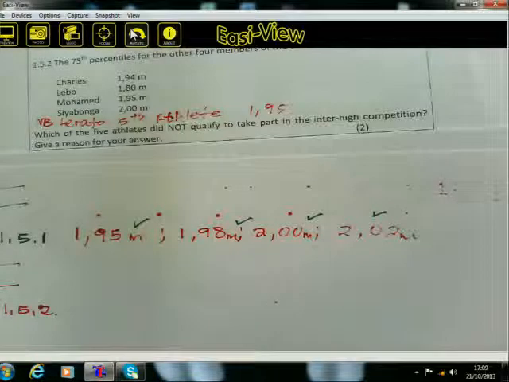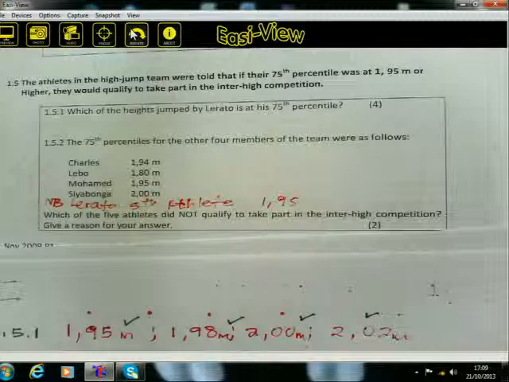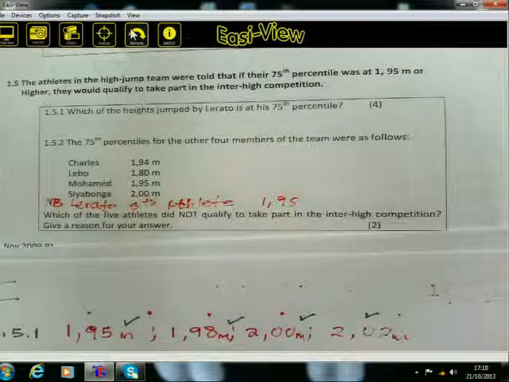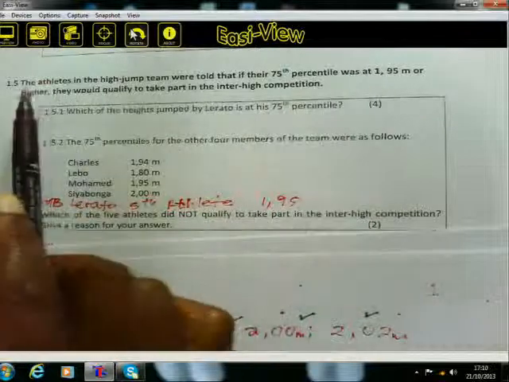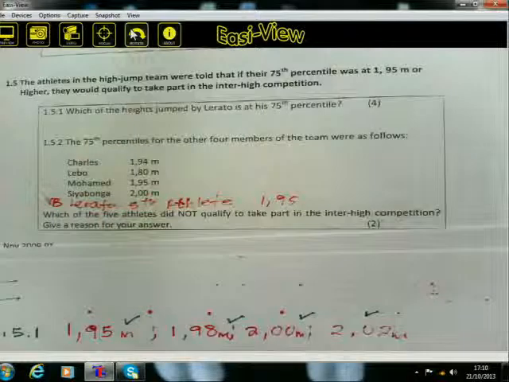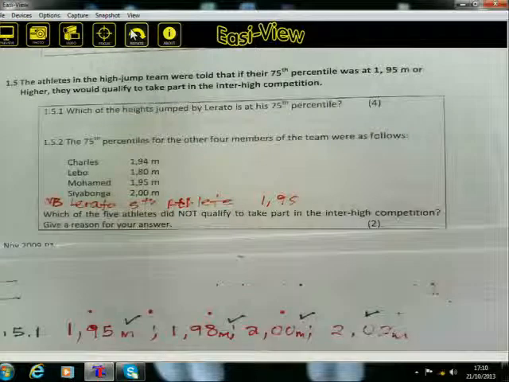As you can see there, they have stated that the athletes in the high jump, let us read together. The athletes in the high jump team were told that if their 75th percentile was at 1,95 meter or higher, they will qualify to take part in the inter-high competition. This will help you again to answer 1.5.2. Let us check our 5 athletes.